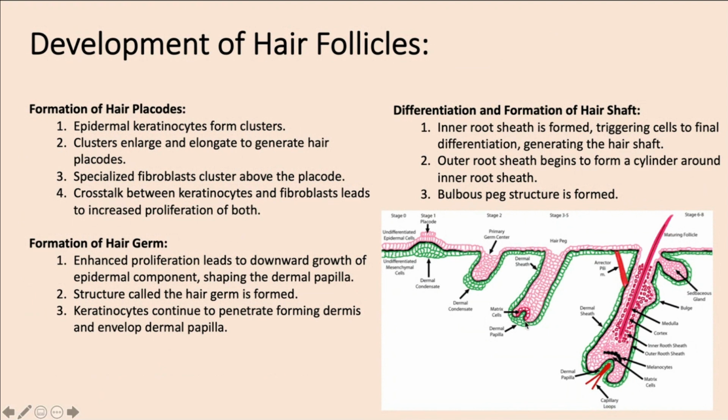And then later, they're going to have some capillary loops, and eventually we're going to form the outer root sheet and the inner root sheet right here, which is then going to eventually give rise to the hair. This hair is, by the way, also made out of keratinocytes. So our hair is made out of keratin, essentially.